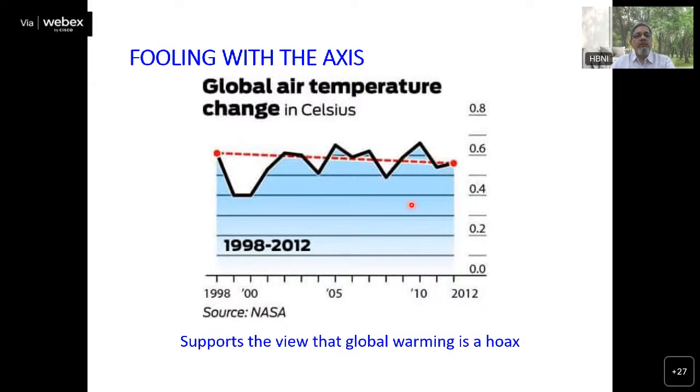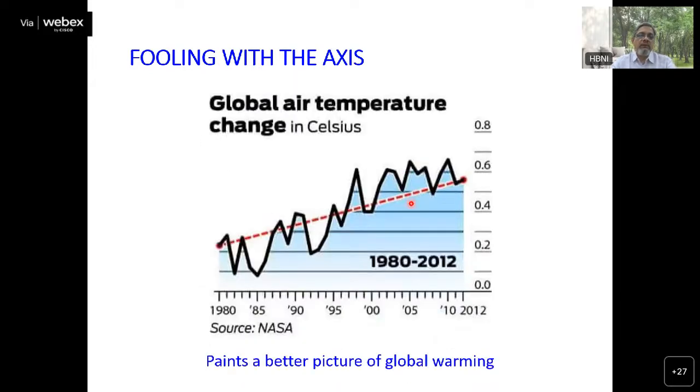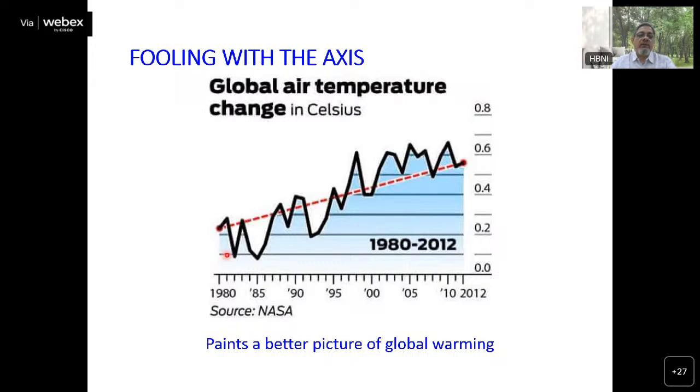And this was actually a part of another large curve, which was not shown in this section. Now if you see slightly differently, from 1980 onwards, you can see that it is actually a rising curve from this point to this point.